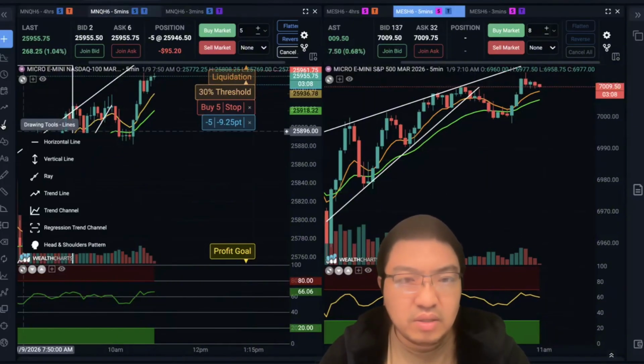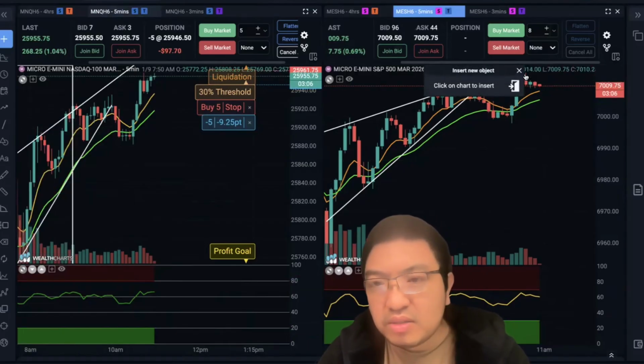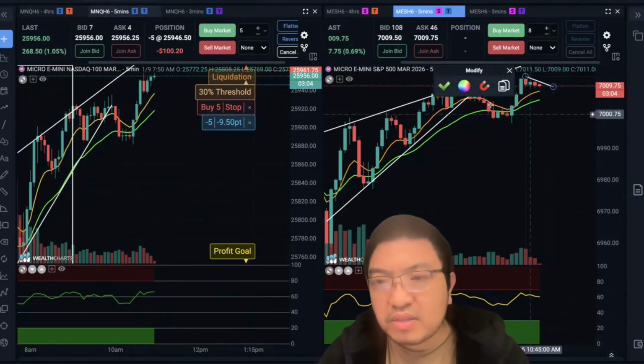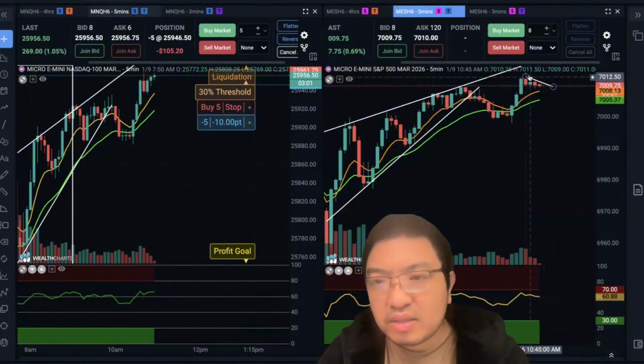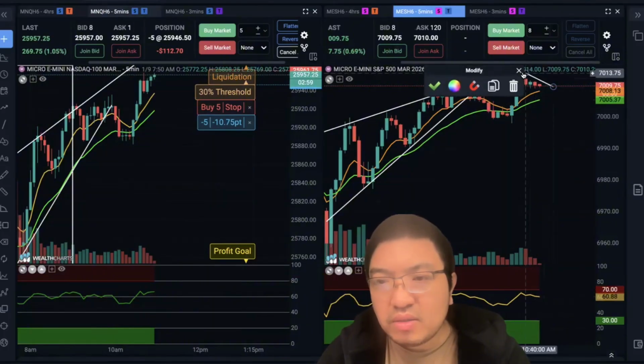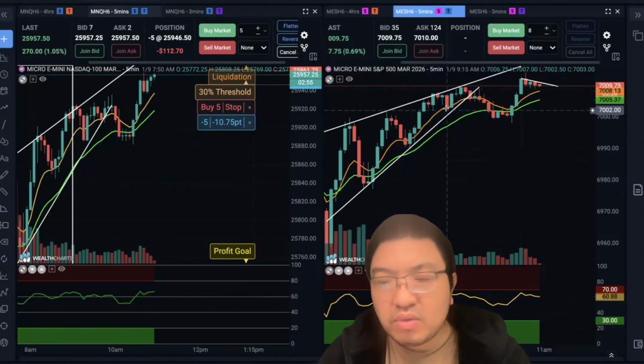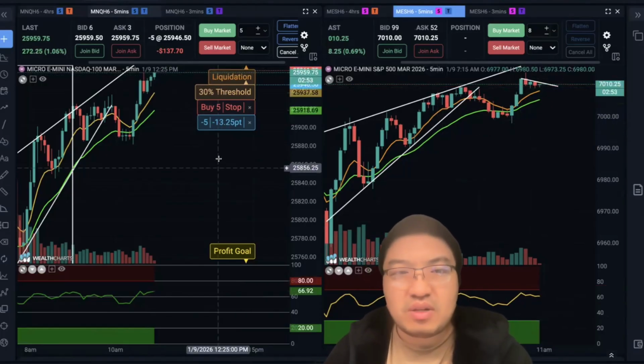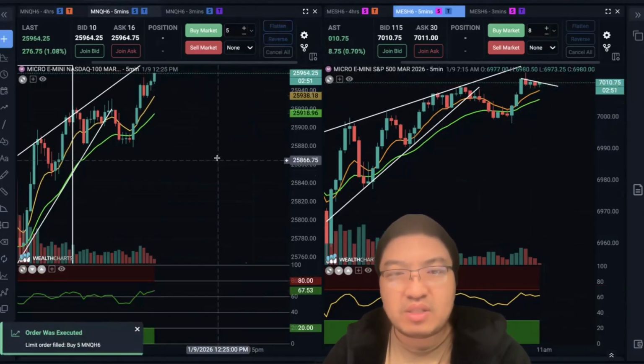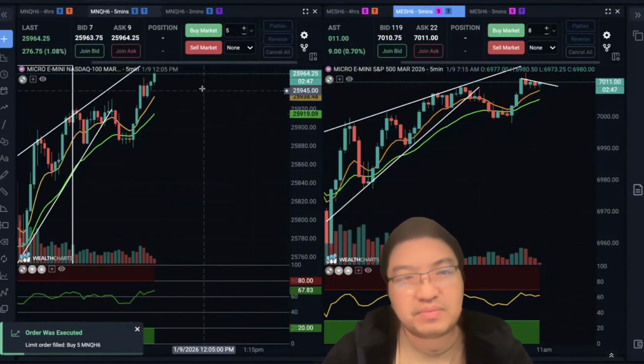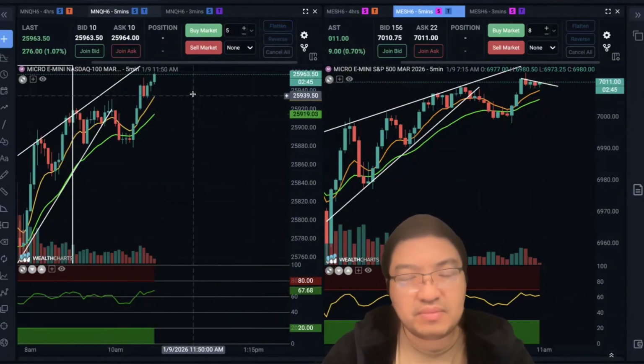So we'll see. Yes, if it's a bull flag, and this is a trend line, break this trend line, then, but if you break this trend line, NQ will probably trigger my stop loss. Oh, it triggers my stop loss. So it continues to go up. Oh, damn. Damn.